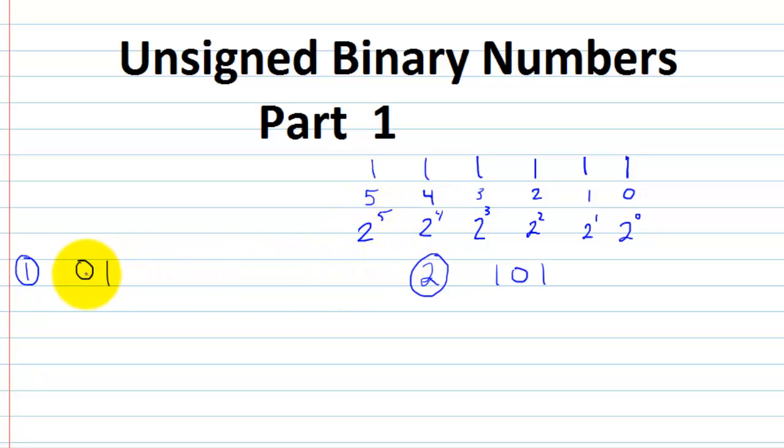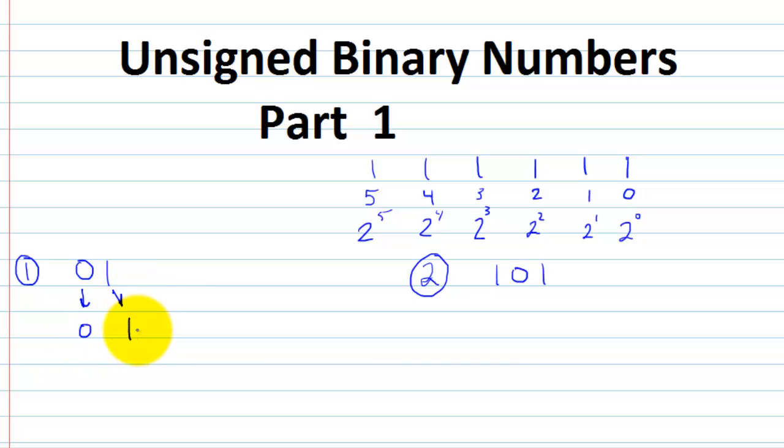When I look at this unsigned binary number, the first one represents the 0 position, which is 2 raised to the 0 power, so this represents a 1. This one is a 0, so I don't add 2 to the first power, which is 2. For that I would just get a 0.